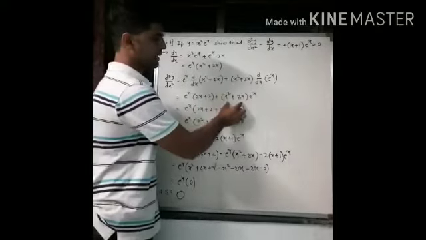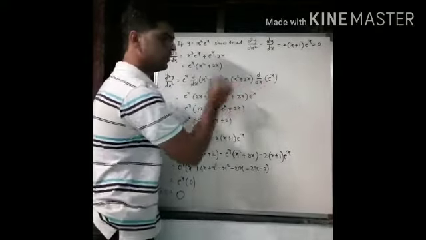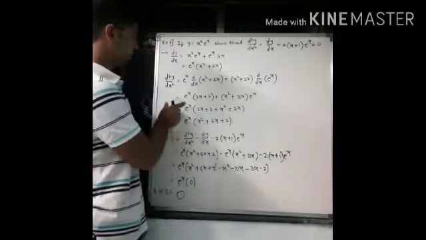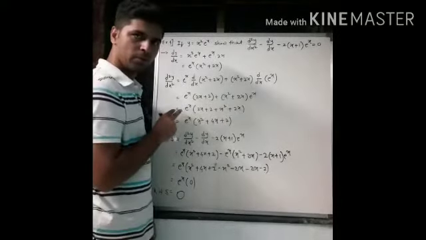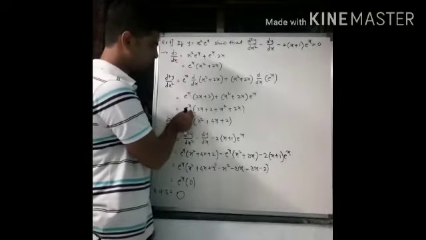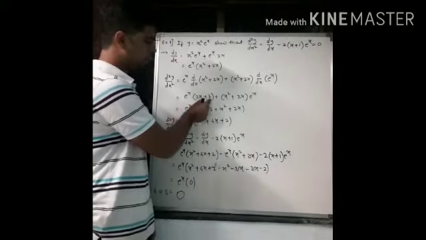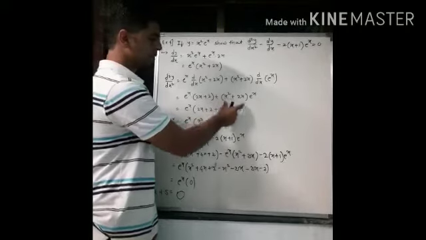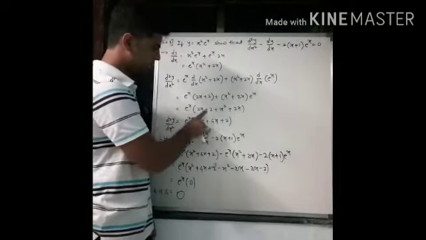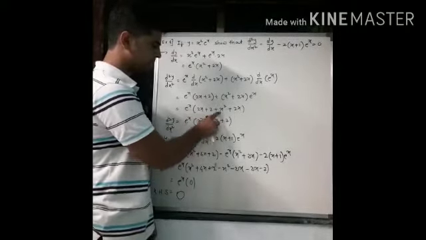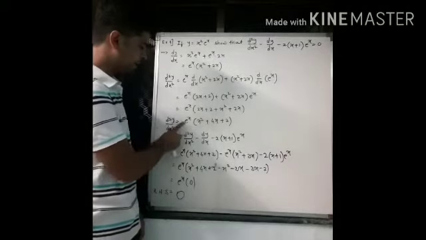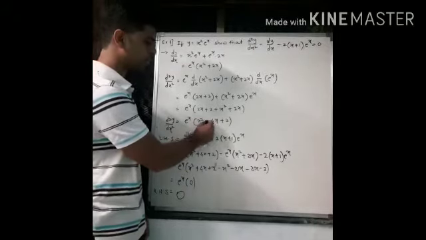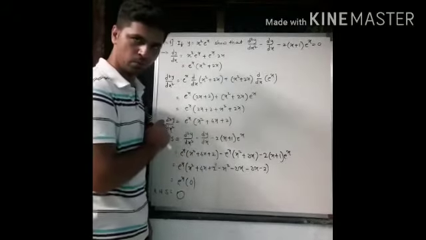The bracket constant as it is, derivative of e raised to x will be e raised to x. So e raised to x and e raised to x, again a common term in both the terms. So factor out that common term, e raised to x. Now 2x plus 2 and x square plus 2x will combine into a bracket. This 2x plus 2x becomes 4x, x square as it is and the remaining 2 as it is. So the second derivative will be e raised to x into (x square plus 4x plus 2).